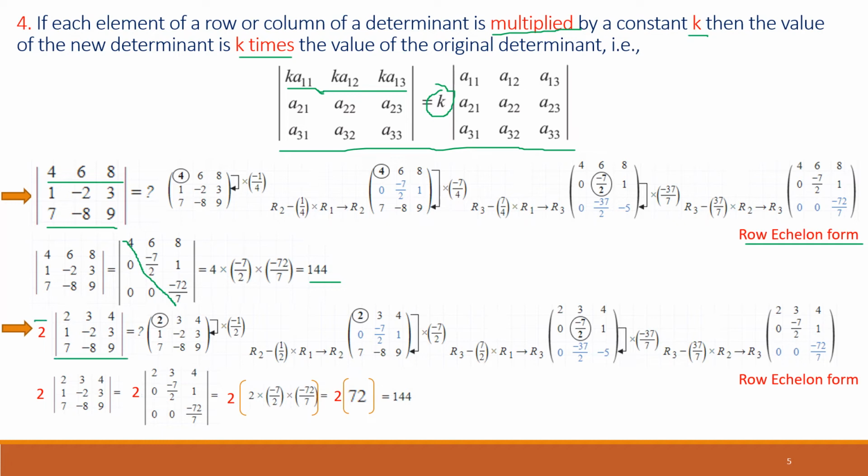Here this 2 is equal to k. Now we will calculate the value of this determinant, and this is equal to 72 by using row echelon form. Now when we multiply 72 with 2, we get the answer equal to 144, which is the same as the answer of this determinant.